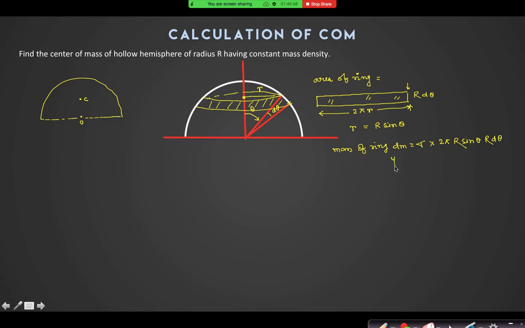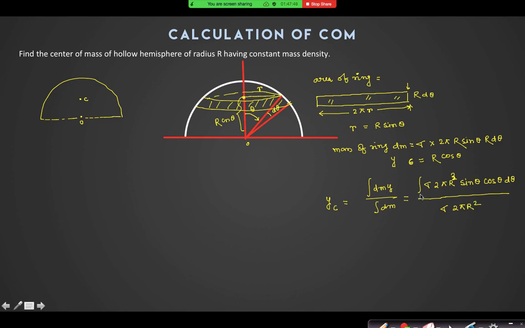And what is the y coordinate of center of mass of the ring? Is it r cos theta? Yes or no? This much distance is r cos theta. So what is the y coordinate of center of mass? I will integrate dm y divided by dm. Integral of sigma 2 pi r square sine theta cos theta d theta r cube divided by the total mass, which is sigma multiplied by 2 pi r square.